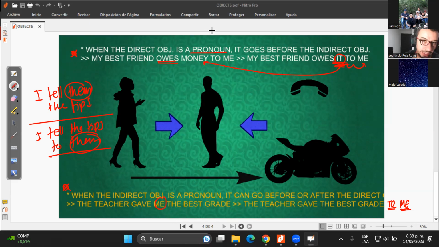If it's the direct object, I just have to follow the first structure: the direct object, and then the indirect object. So for example, I would say, I tell them to Majo and Santi.